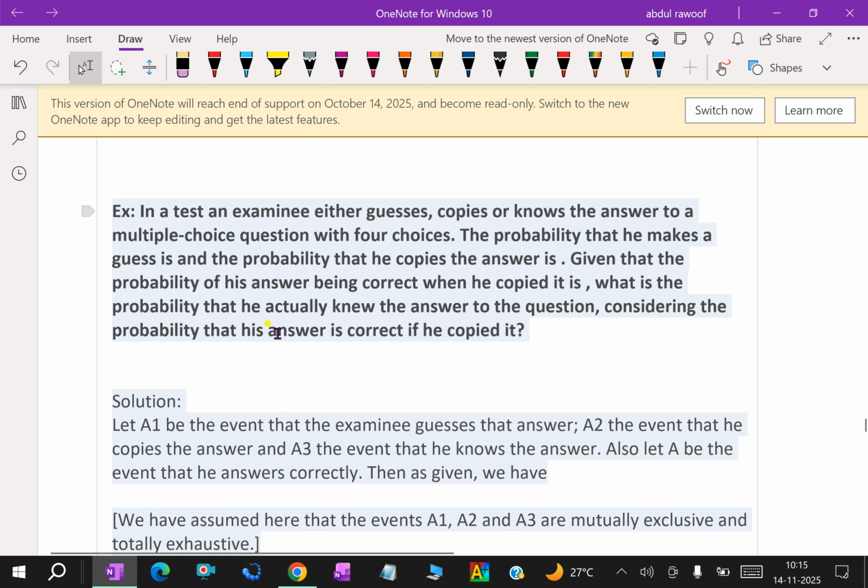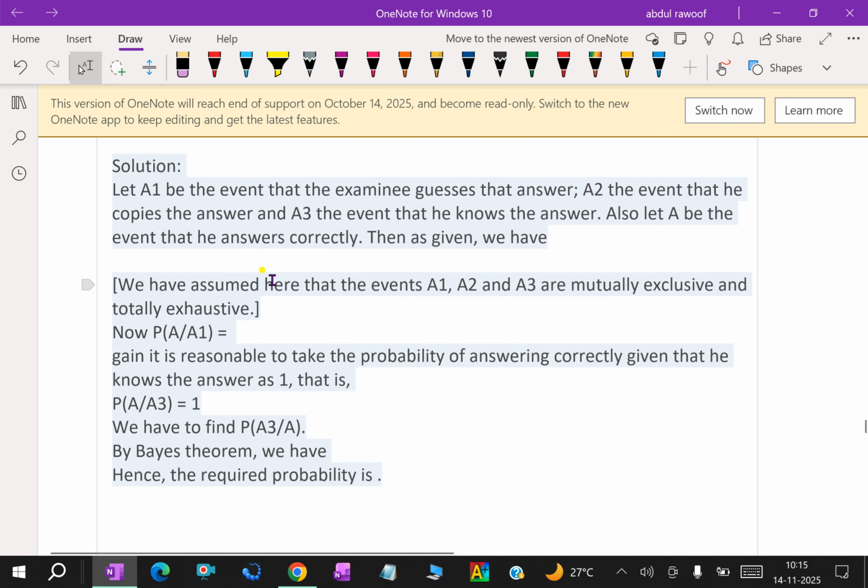What is the probability that he actually knew the answer to the question? That means, about his knowledge only he got this answer, considering the probability that his answer is correct if he copied it. Look at this.